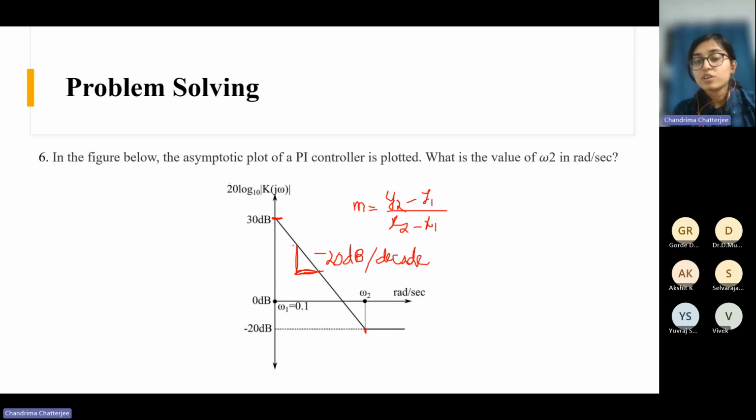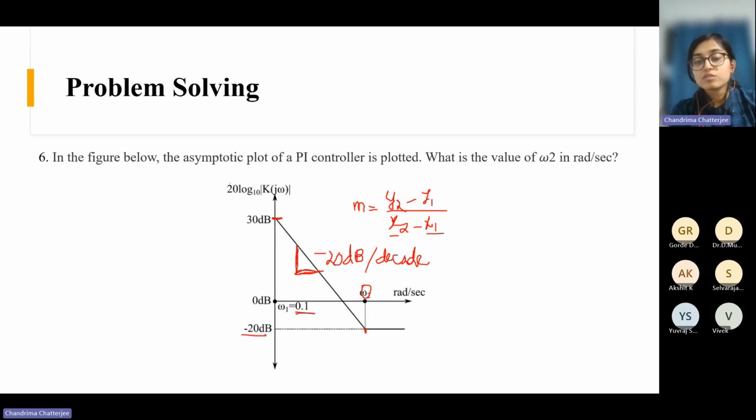This is the starting point. So at y2, what is the value? The gain is minus 20, right? So y2 is minus 20. What is y1? y1 is 30, right? This is the y-axis. What is x2? x2 is the unknown, that is the omega 2. That is the x2 value. And x1 is omega 1, that is 0.1, right?